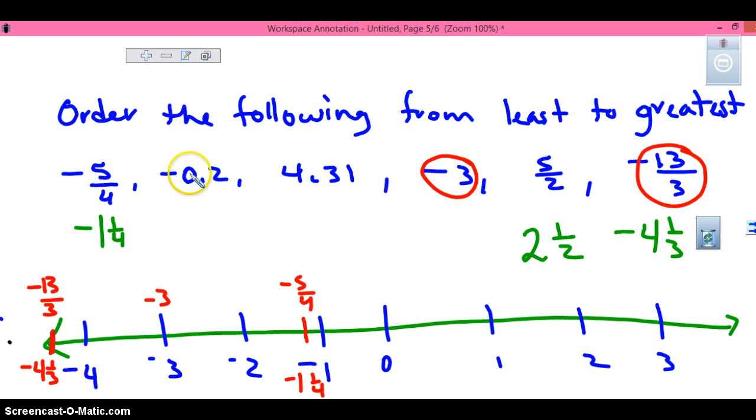Then we've got -0.2, that should be somewhere here, closer to 0 than to -1. Now we've got 2.5, so we have 2 right here, so 2.5 is somewhere around here.